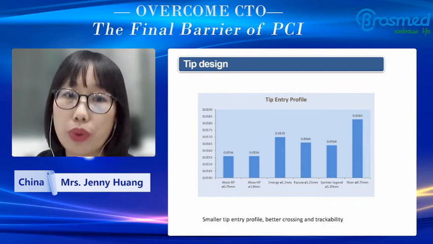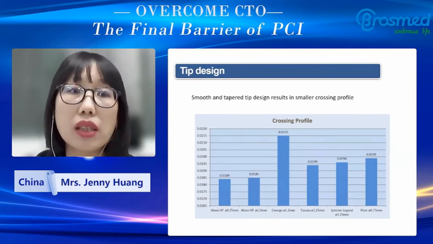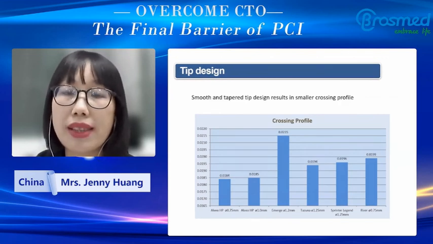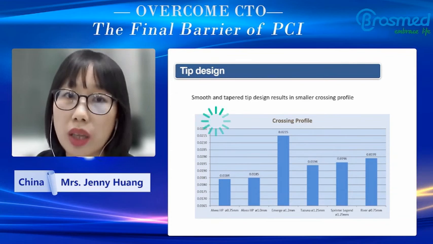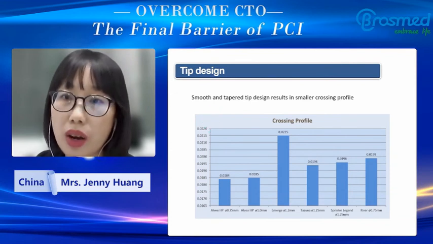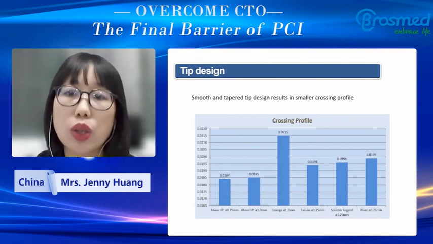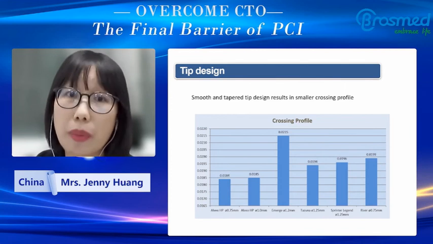Smaller tip entry profile means the better crossing and trackability. And the smooth and tapered tip design result in the smaller crossing profile. That means once the tip crosses, the balloon could also be crossed with a smaller crossing profile. The Alveo HP is the best one.